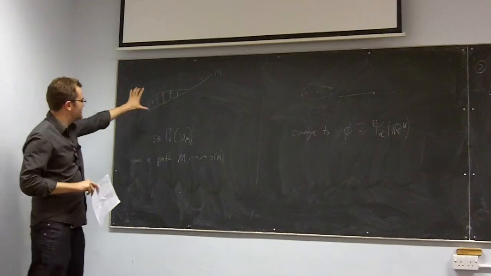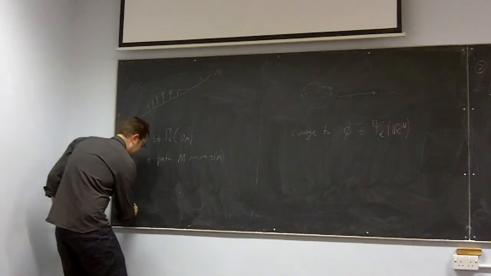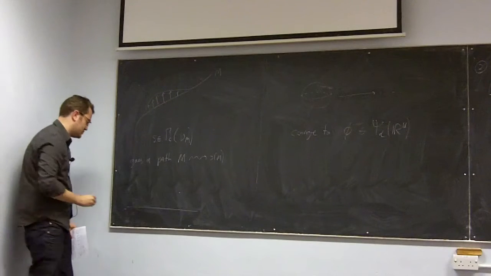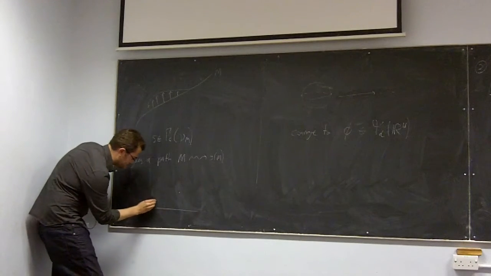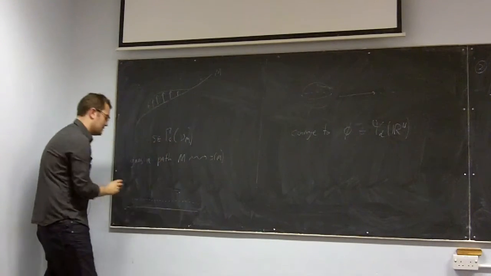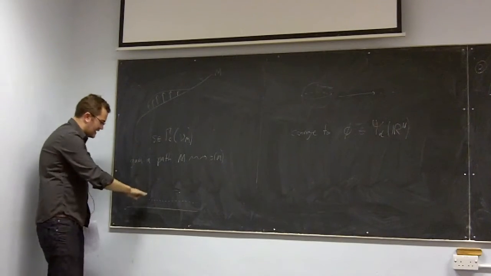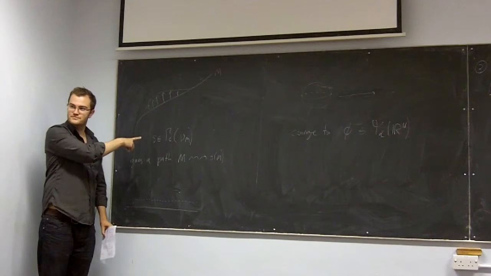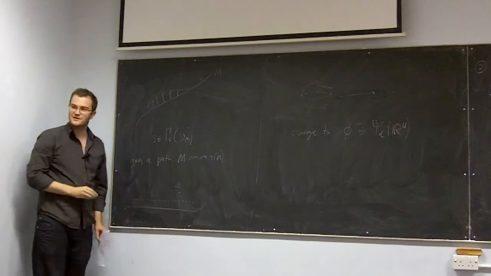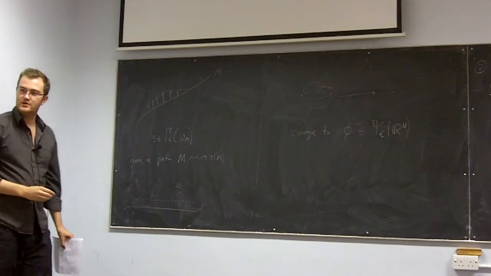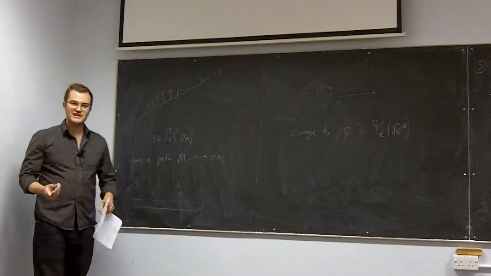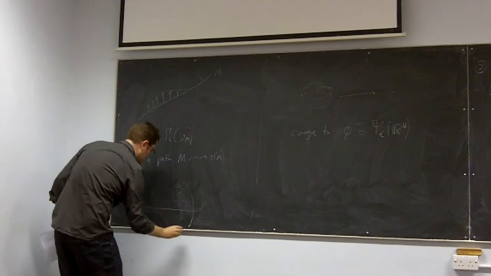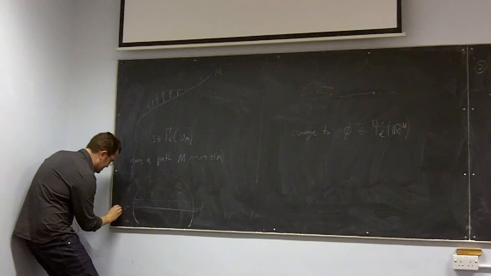So for example, if I only allow these sort of things, then that's one manifold in R2, and that is another one. And if I only allow this sort of thing, however close I make that to that, it's not close in this topology, because it never looks like a compactly supported section. But if convergence now means convergence on compact sets, then given any compact set, there is a compactly supported section that looks like that.